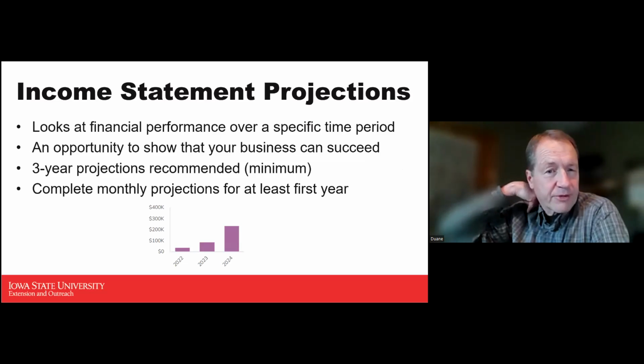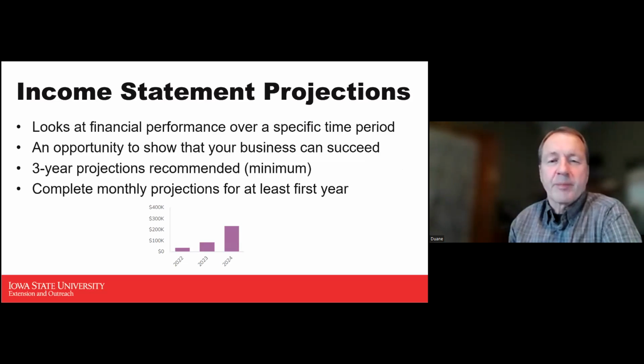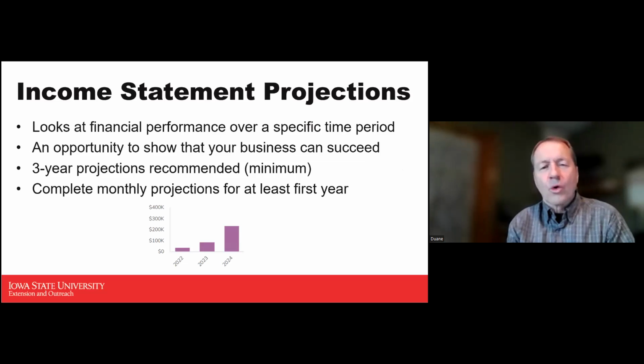For income statement projections, just to talk a little about what each of these statements are. The income statement looks at financial performance over a specific time period. Usually we'll look at results month by month, or we'll look at them on an annual basis. For an ag type business, oftentimes the annual period makes the most sense because we're not like a retail business where we're seeing revenue monthly.